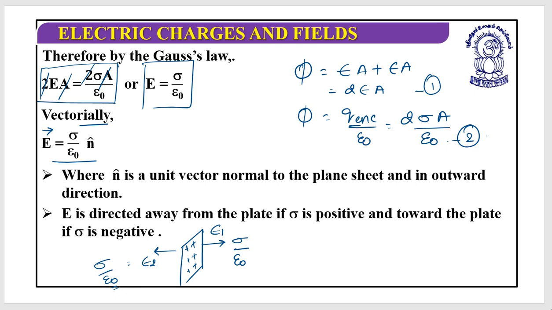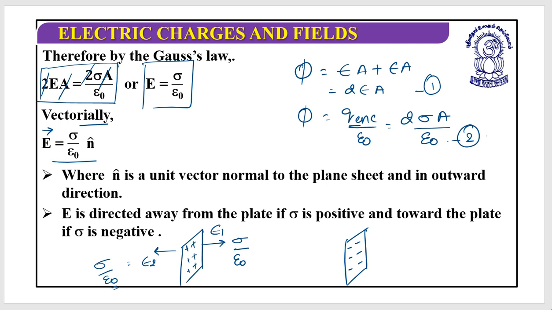Both are moving outward. You don't remember it like this is positive x, this is negative x. You need to consider that when the plate is having a positive charge, the direction of the electric field will be moving outward. When the plate is having a negative charge, let's look.